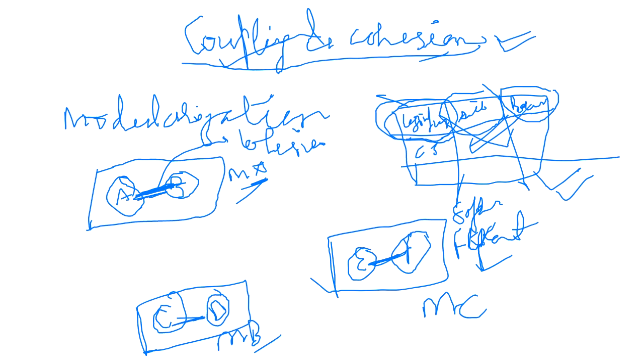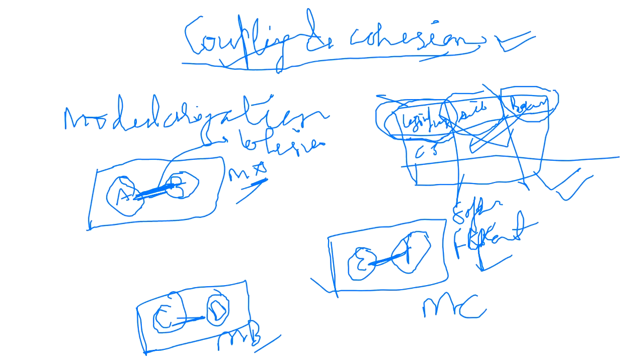So this is intra-module communication. Cohesion is intra-module communication, meaning inside a module, whatever components, programs, or functions are there and they are trying to interact with each other, we will say there is cohesion.